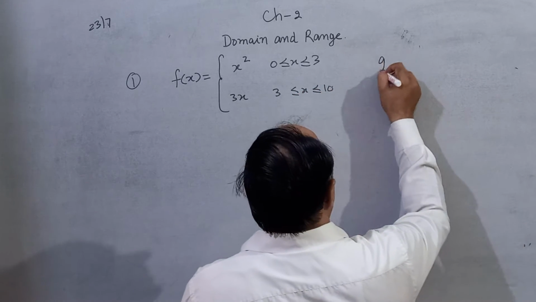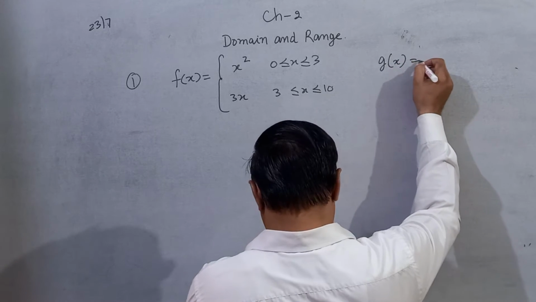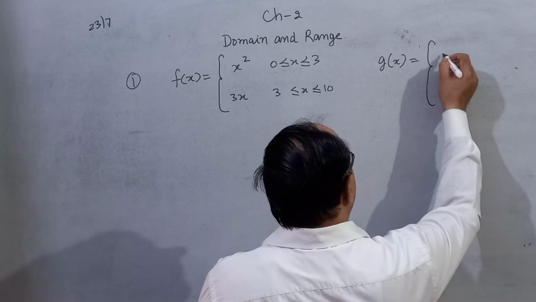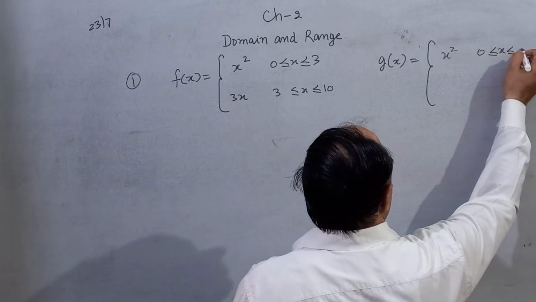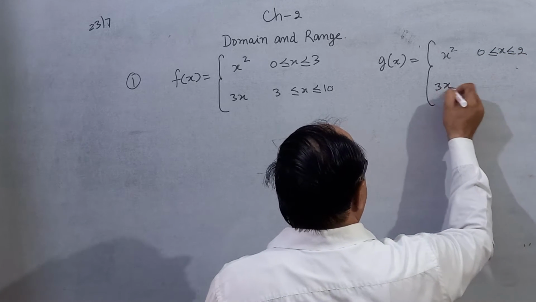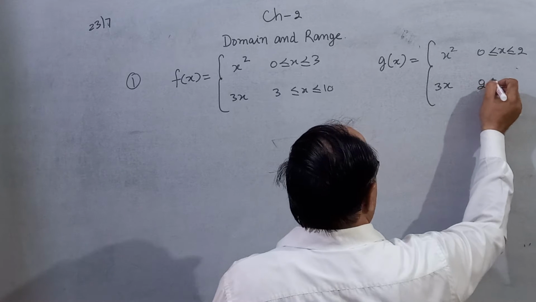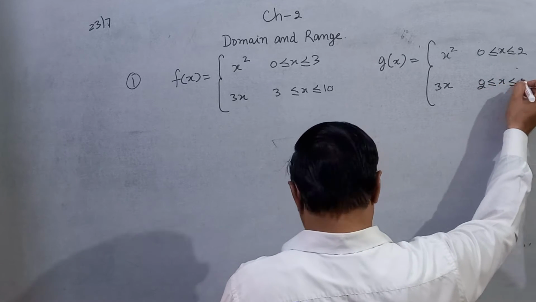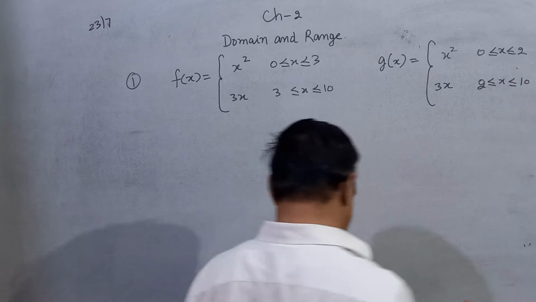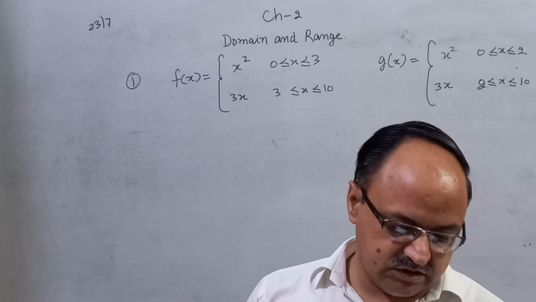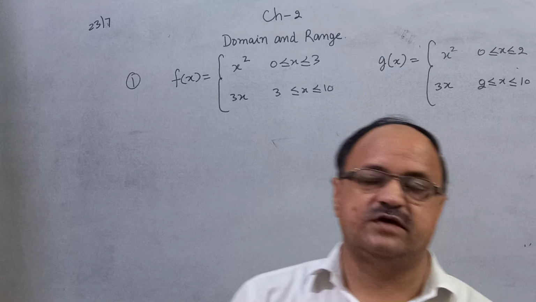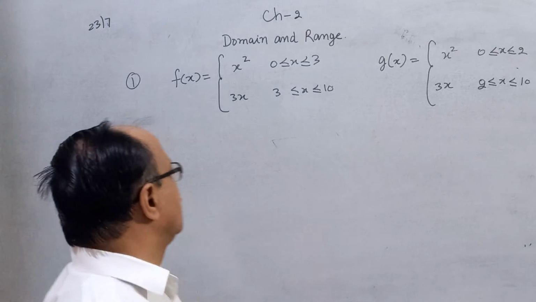And the second function, g of x, is x square for 0 less than or equal to x less than or equal to 2, and 3x for 2 less than or equal to x less than or equal to 10. Show that f is a function and g is not a function.